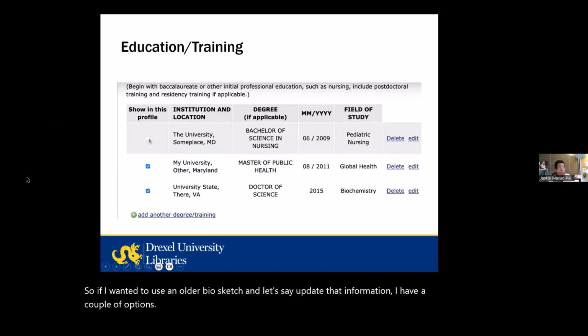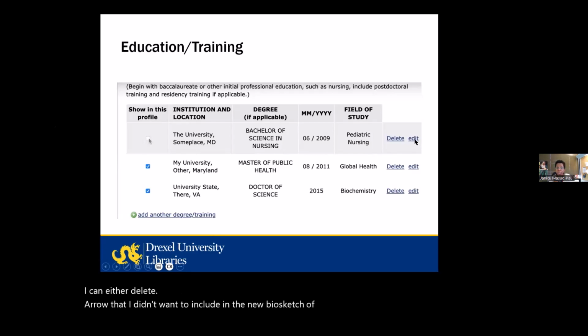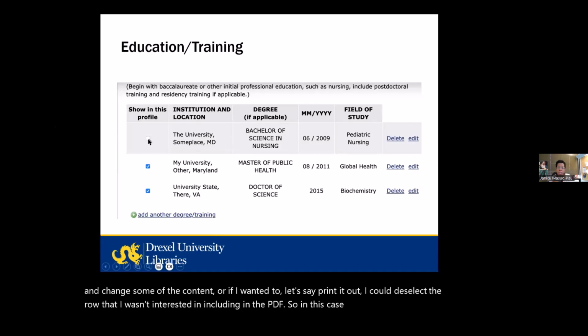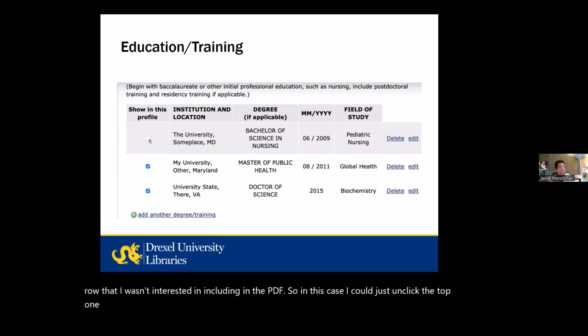I can either delete a row that I didn't want to include in the new Biosketch. Of course, I can always click on edit and change some of the content. Or if I wanted to, let's say, print it out, I could deselect the row that I wasn't interested in including in the PDF. So in this case, I could just unclick the top one and then save it. And when I printed it out, it would only have the second and third row of information. So you can hide your entries that way.